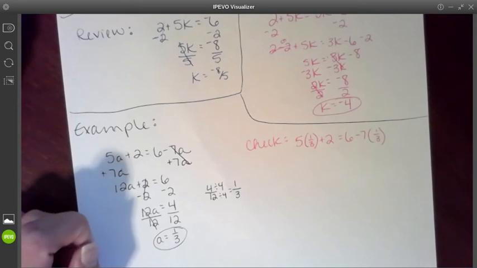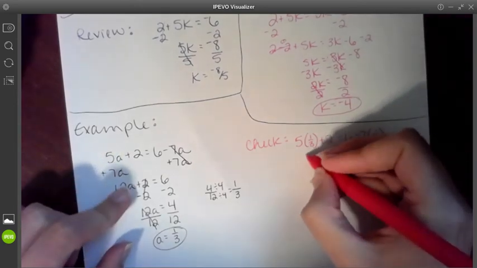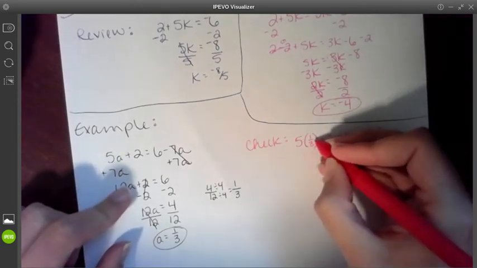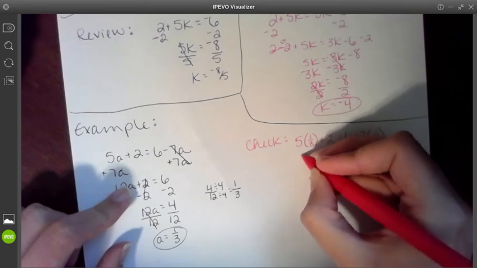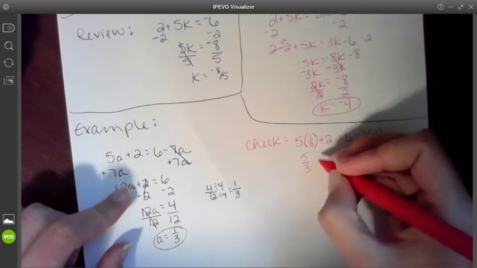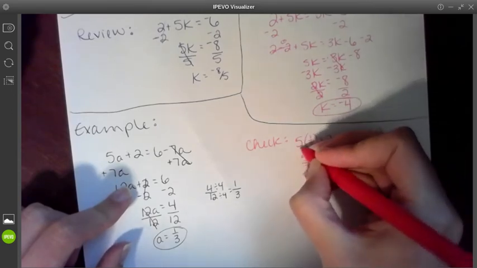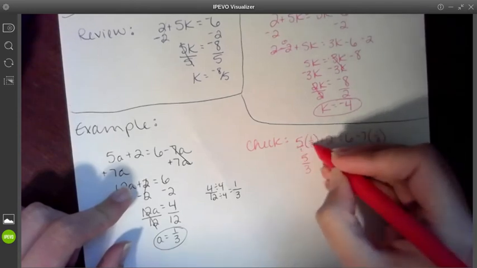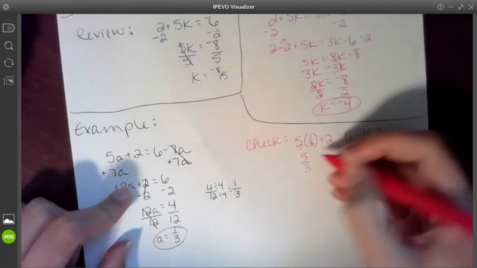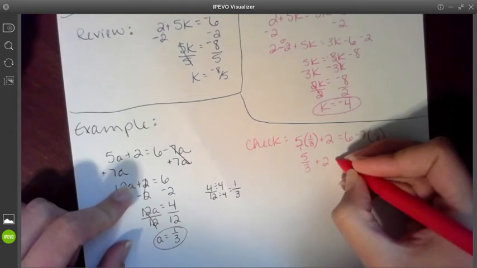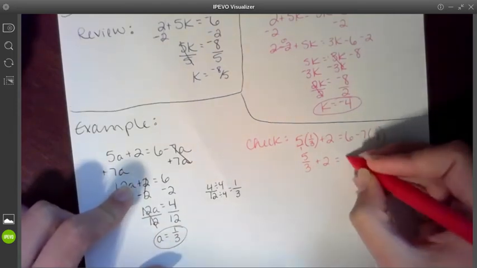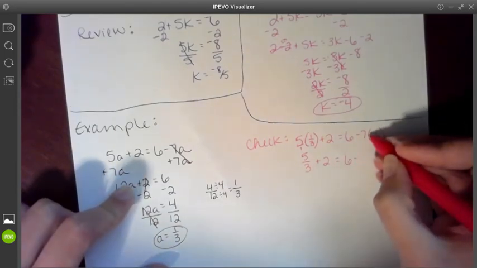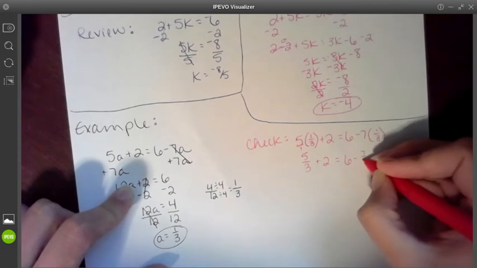Okay, this one's going to be really fun to check. So we have 5 times 1/3. Well, that's 5 over 3, right? Because I can write this as 5 over 1. So 5 times 1 is 5, 1 times 3 is 3. So 5 over 3 plus 2 equals 6 minus 7 times 1/3 will be 7 over 3.